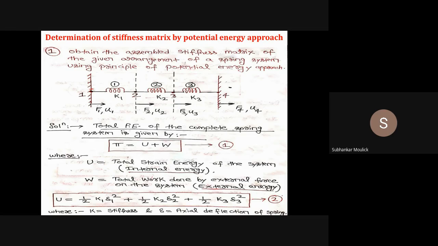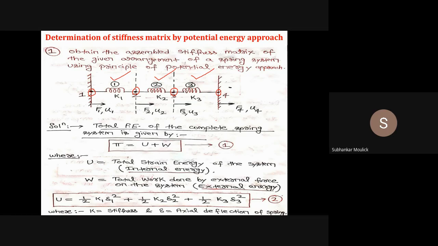This is nodal point 1, this is nodal point 2, this is nodal point 3, this is nodal point 4. That means there are a total of 3 elements. This is element 1 connecting node 1 and 2. This is element 2 connecting node 2 and 3. This is element 3 connecting node 3 and 4.